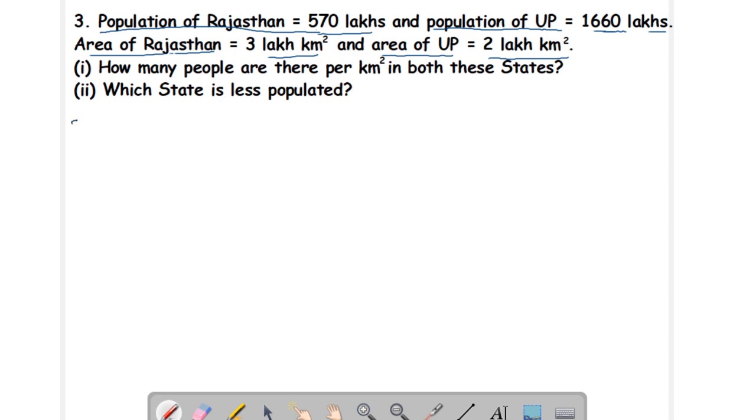Solution of first part. Here population of Rajasthan is 570 lakhs.